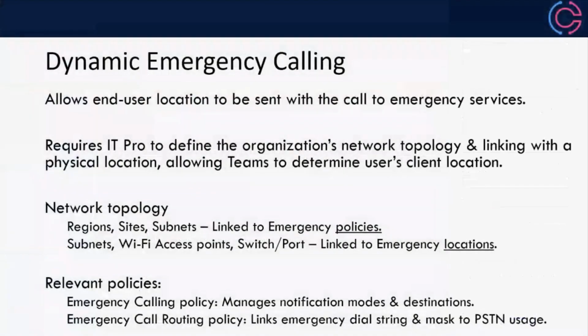For dynamic emergency calling, this is a new set of capability that recently came out in the voice stack. Now we have the ability to configure that end to end within Teams Admin Center. Fundamentally, it allows an end user's location object to be sent to emergency services along with the call.